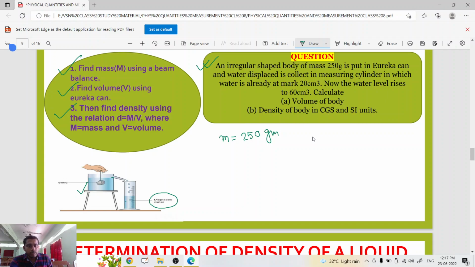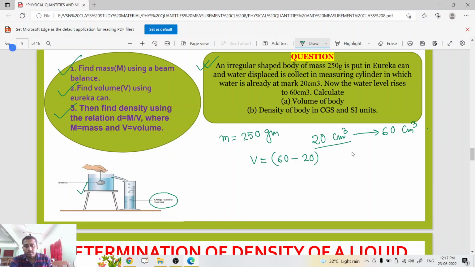The initial volume of water is 20 centimeter cube. After putting the irregular shaped body inside the liquid, the level rises up to 60 centimeter cube. Now what is the volume of the body? Simple, volume is equal to 60 minus 20. This is the volume of displaced water by the irregular shaped body, that is equal to 40 centimeter cube.